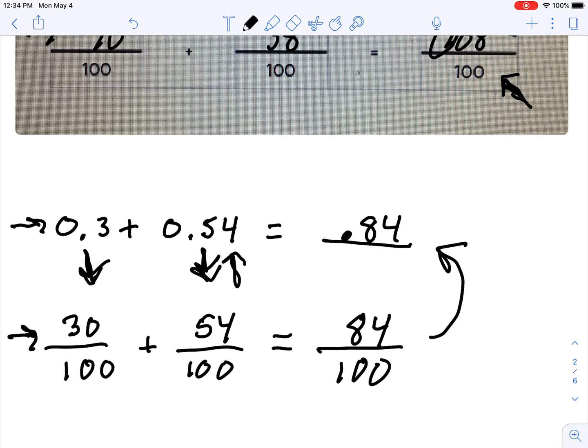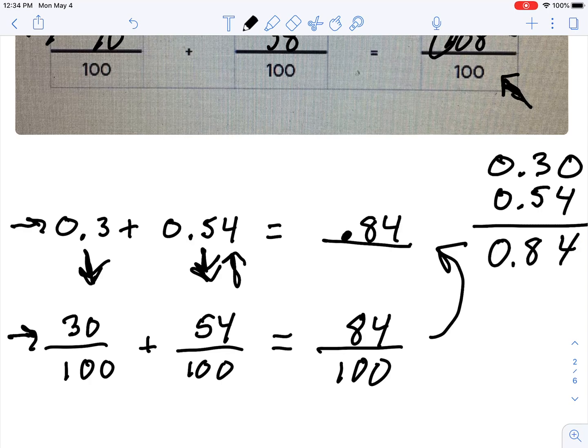But I'm going to show you what you could also do if you were just going to add decimals, which I'm sure we're going to get to next week, right? Just like we did before in the last lesson. If you just had decimals, you could stack them, right? And add them. Okay, as always, go back and rewatch this if you need to.